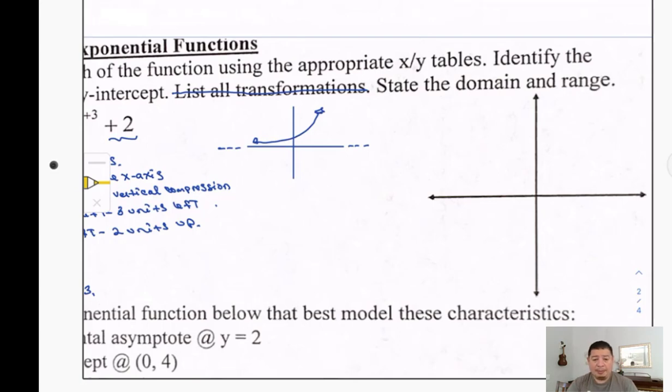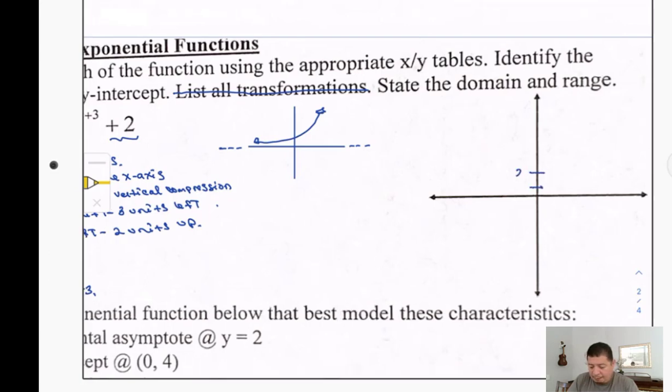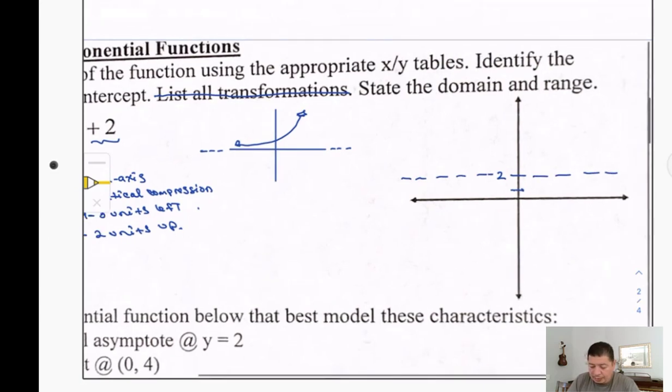But because of that +2, we are shifting that asymptote that used to be at y equals 0, and now it's going to be moved 2 units up. And there you have it.